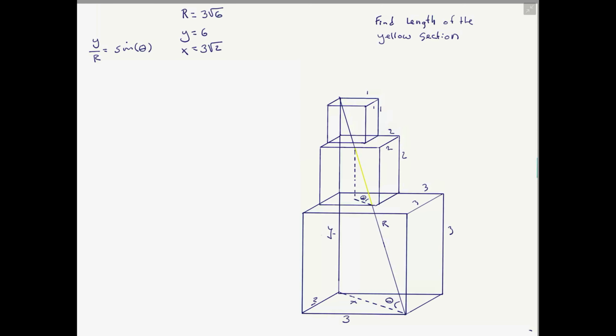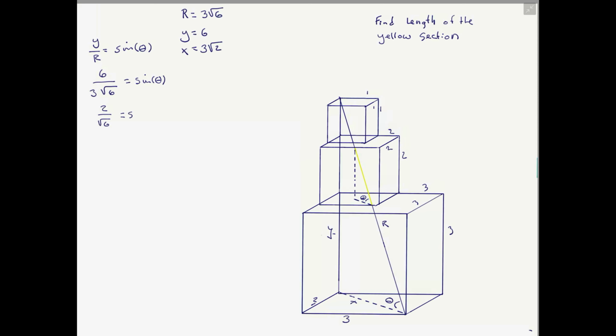X was 3 square root of 2. And now we can erase this mess here because it takes up a lot of space. I don't think I want to use 2 screens to solve this very simple problem. Okay, so now we've got the essentials.